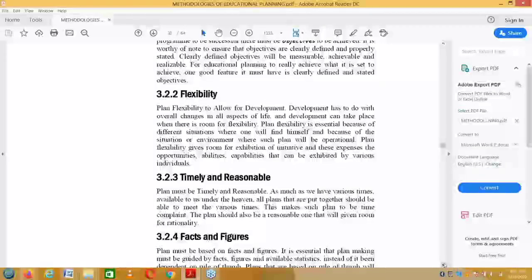As various times are available to us, all plans put together should be able to meet the current needs of the people. This makes sure that the plan is time compliant. The plan must also be a reasonable one that will give room for rationality and growth.